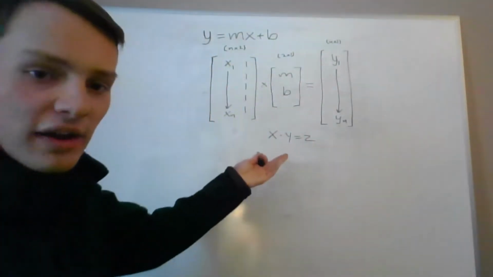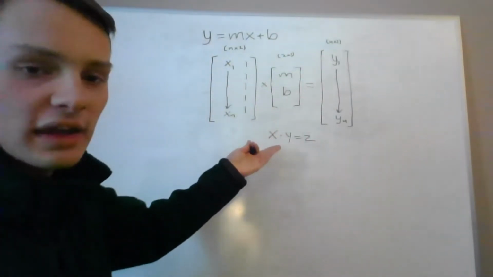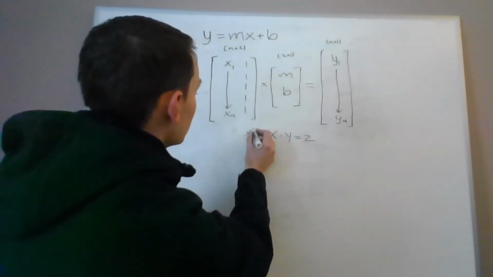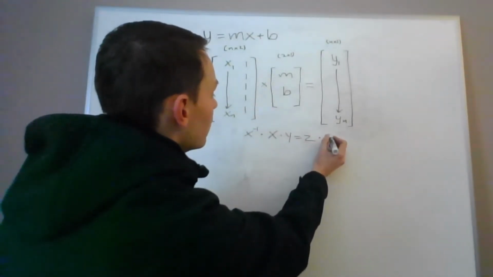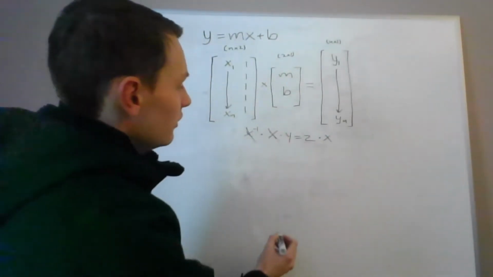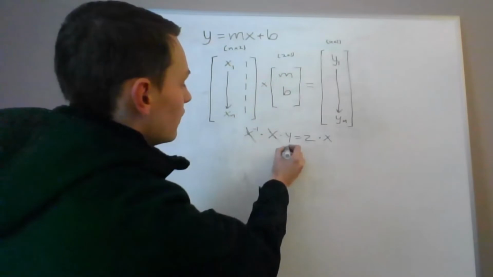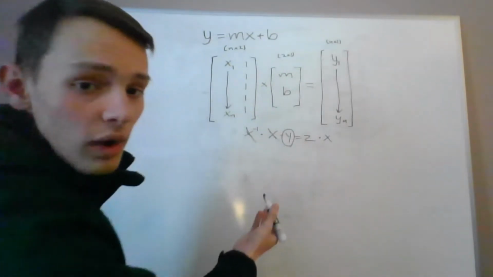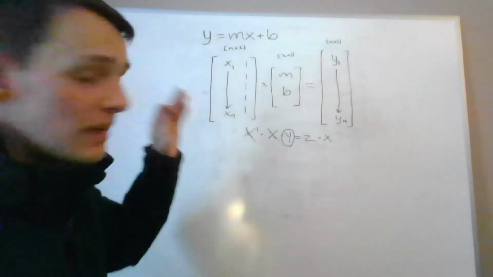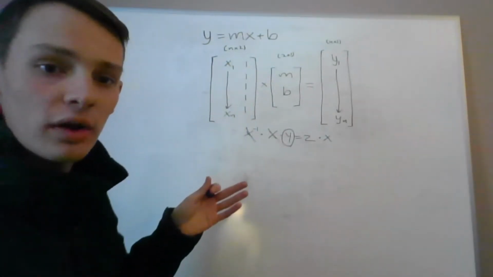And if we wanted to find y, we would multiply each side by the inverse of x, which is x raised to the negative first. And what that would do is cancel out our x values, and it would isolate the value we're trying to find, which is y.